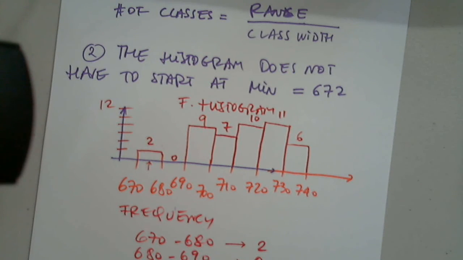Now I can go back and look at one more histogram in which I put still the starting point at 670, but this time we went to 5, let's go to 15. And let's see what happens. Got it.